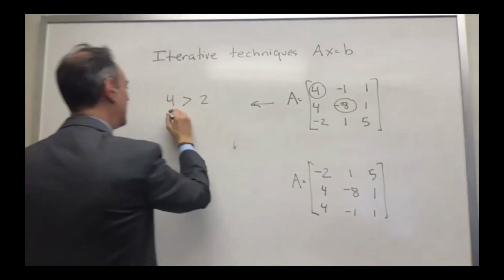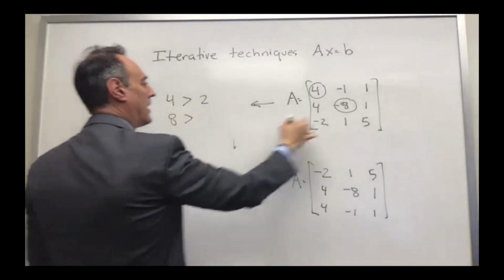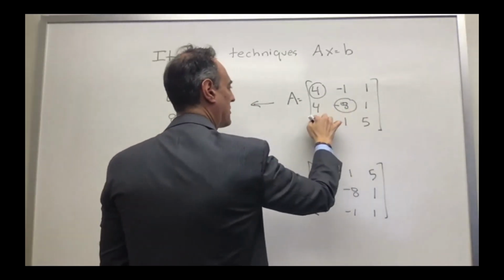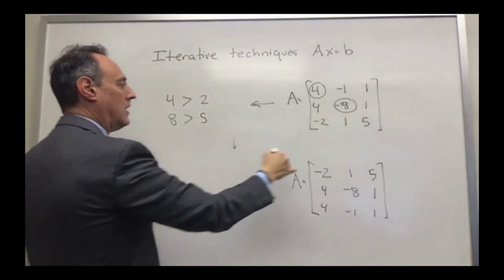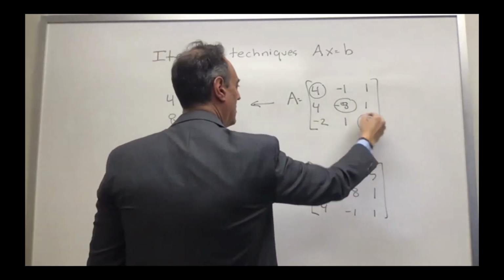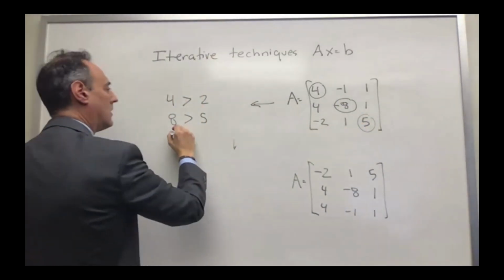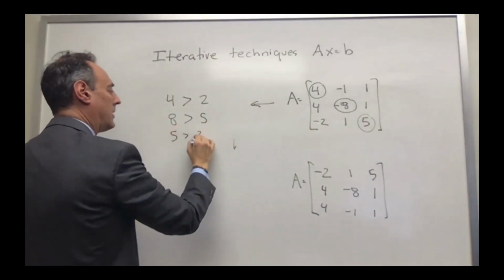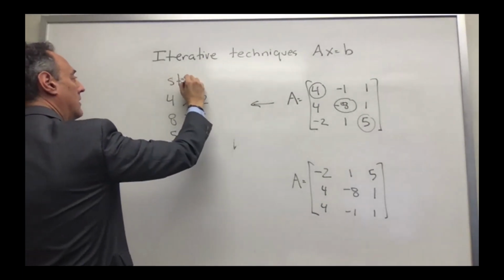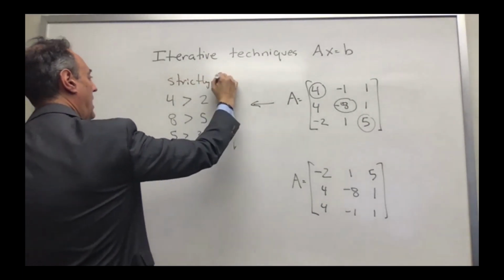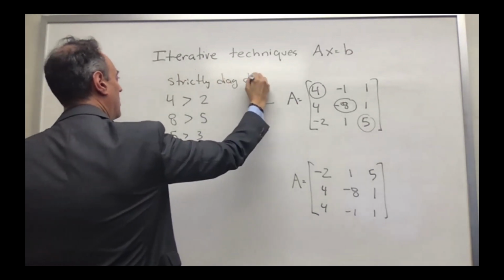Is 8 bigger than the sum of the other terms, the rest of the row? It's bigger than 5, it is. Is 5 bigger than the sum of the other two? Absolute value of the 2, 5 is bigger than 3. So this means it's strictly diagonal dominant.